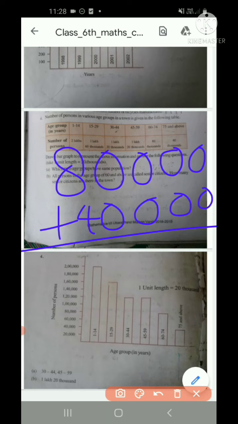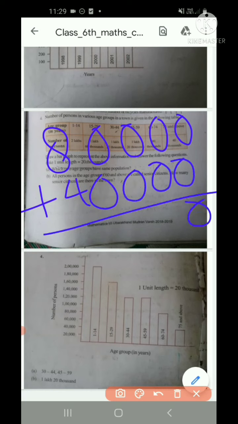The persons who are above 60 are known as senior citizens, and those above 75 are also known as senior citizens. So these two will be added. In the 60 to 74 age group we have 80,000, and in this one we have 40,000.